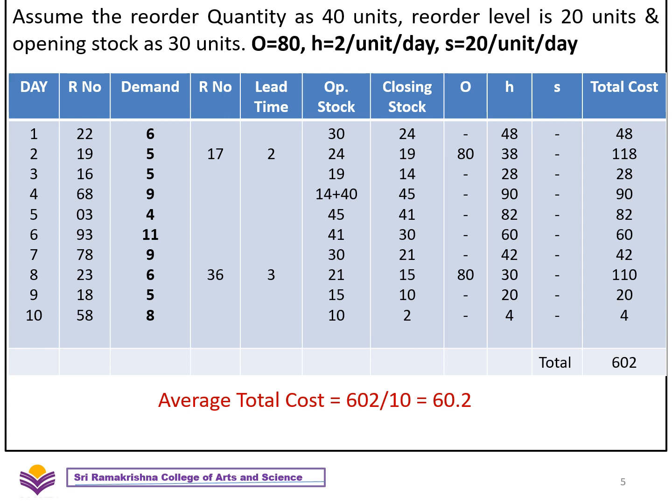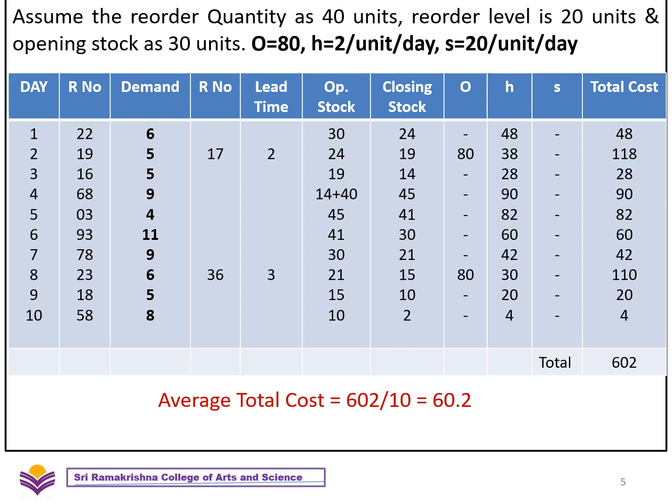Now how are we going to simulate the demand? We have already assigned the random tags, and this random number 22 falls in the interval which corresponds to a demand of 6 units. So we have the demand simulated as 6 for the first day. Similarly, for 19, the demand is 5. For the random number 16, the demand is 5.